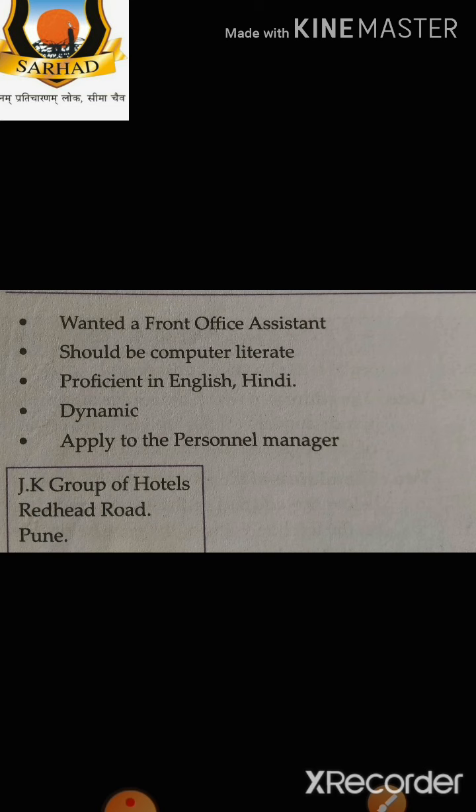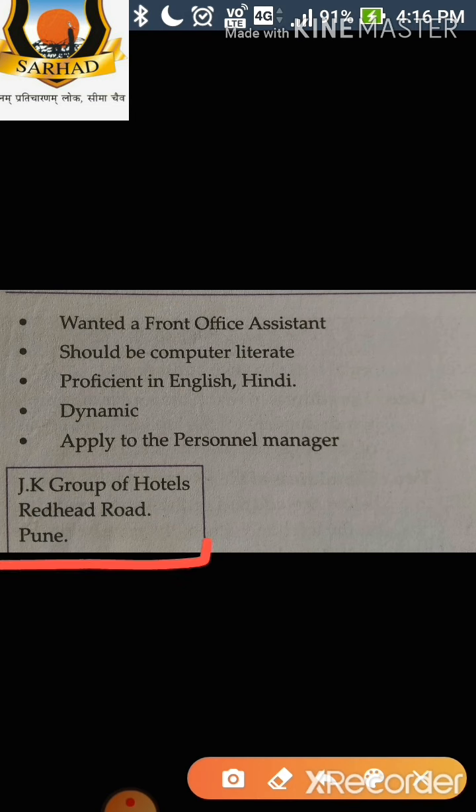Look here. In the subject we have read that it is an application for a job, and one advertisement was published in the Times of India newspaper. Who gave the advertisement? JK Group of Hotels, Redhead Road, Pune.